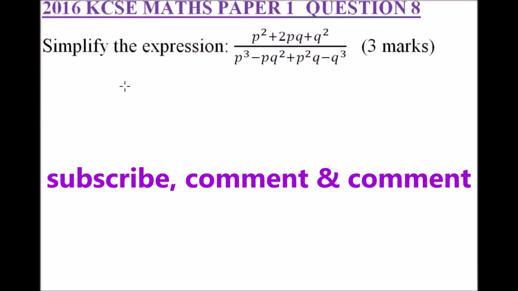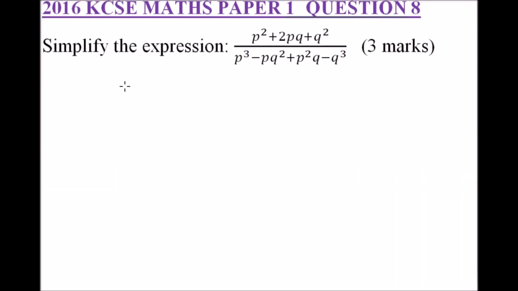2016, paper 1, question 8, we are told simplify the expression p squared plus 2pq plus q squared, all over p cubed plus pq squared plus p squared q plus q cubed. So the numerator is a quadratic expression. It has two unknowns, that is p and q.